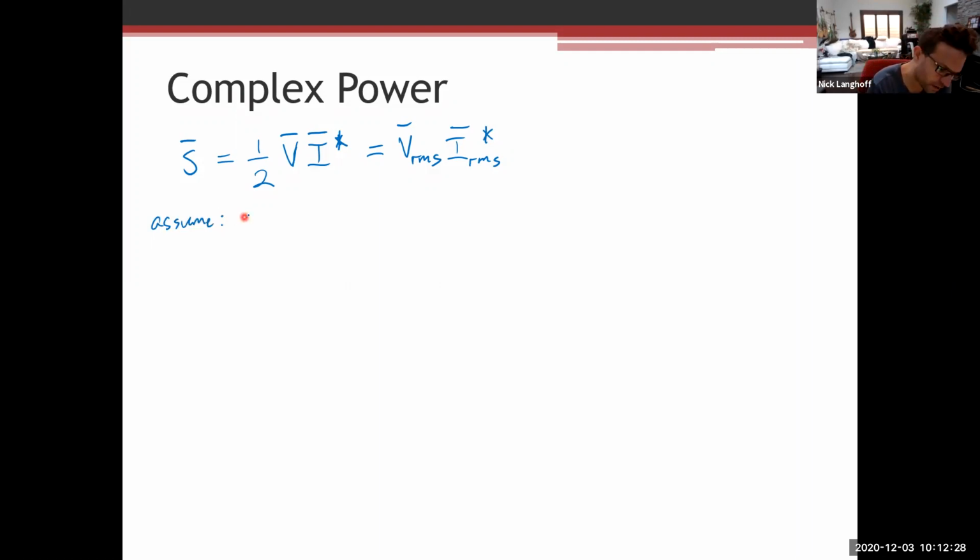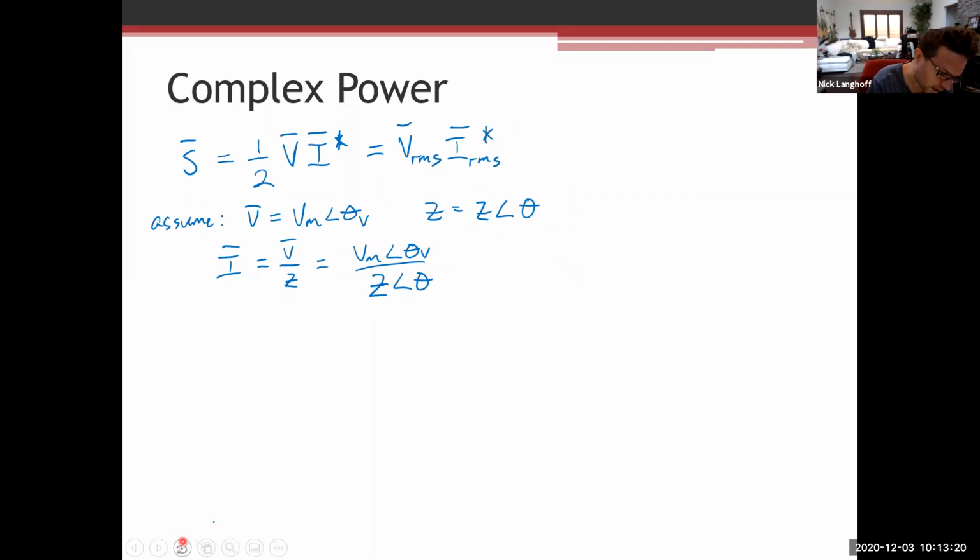Let's now assume that V is a sinusoid, and we can address it as V max at an angle of theta V, and we'll say that Z, the impedance of the load we're driving, because again it does depend on the load that we're driving, is Z at an angle of theta, where theta is the angle of the impedance.